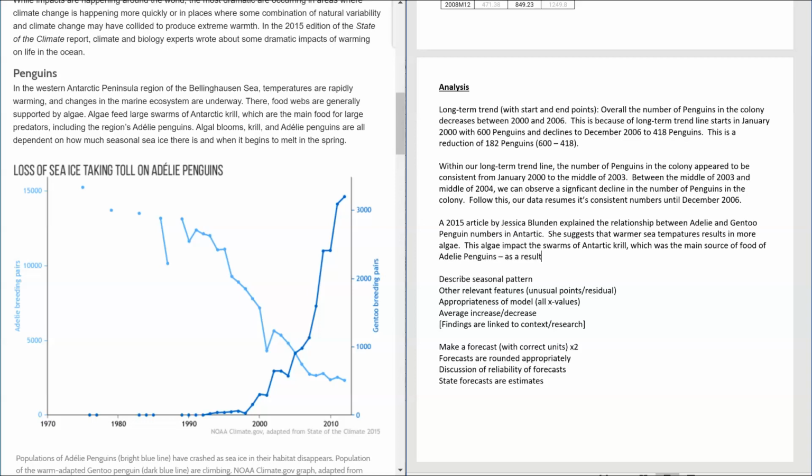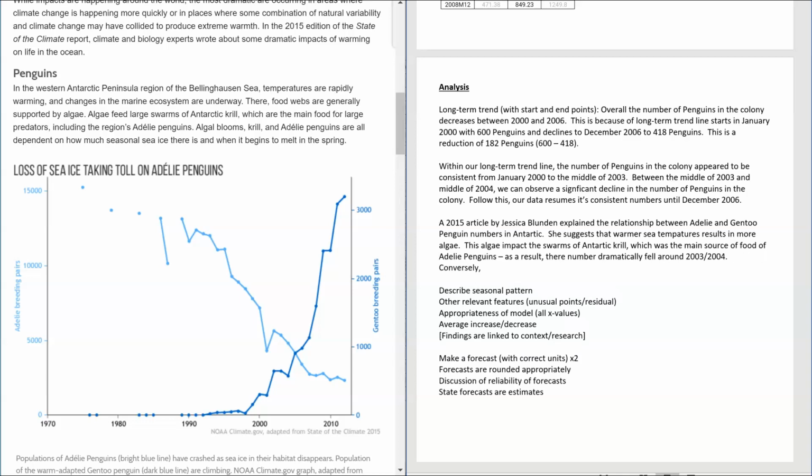As a result, their numbers dramatically fell around 2003/2004.